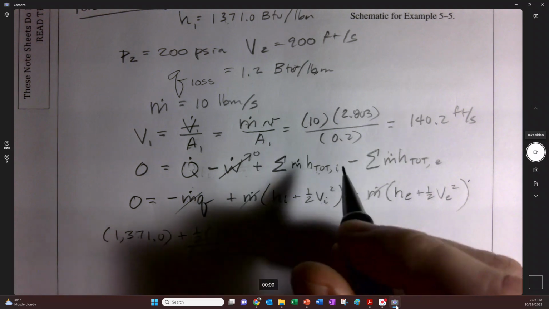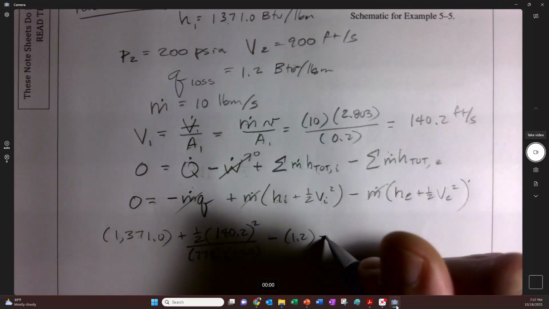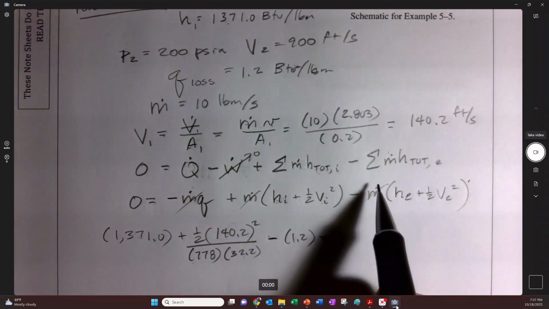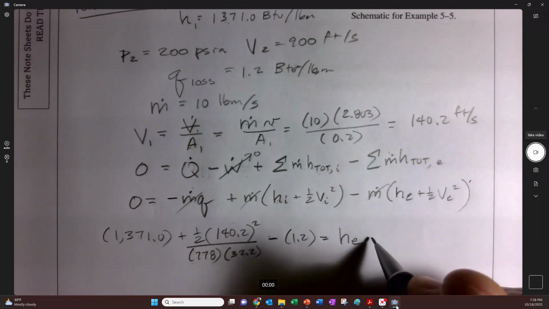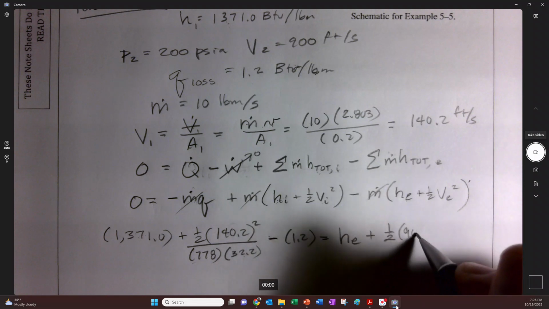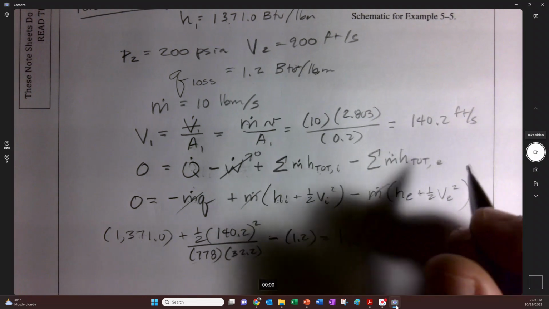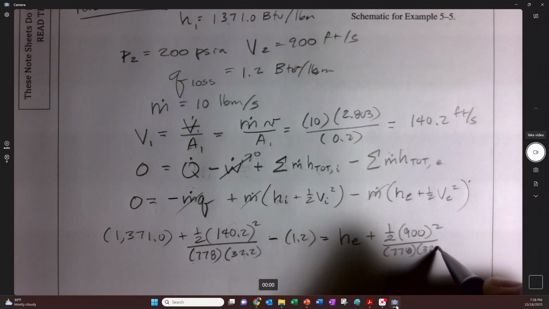We're going to subtract out the 1.2 out of this, and then we're also going to have HE right here, and then plus, and then here's what I was trying to think of. We're going to take that 900 squared and divide it by 778 and 32.2.